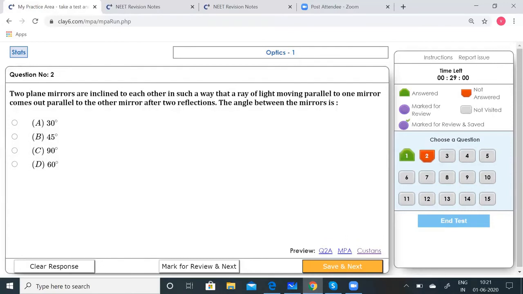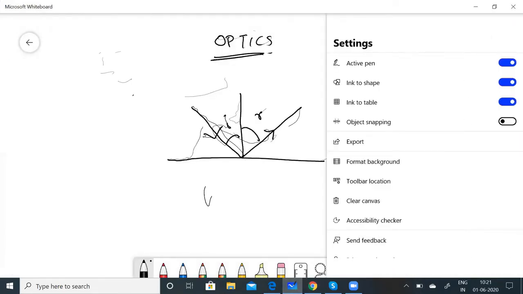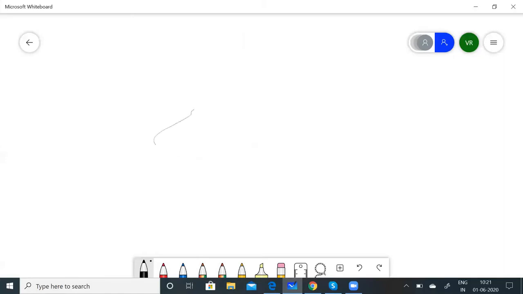Two mirrors are inclined to each other in such a way that a ray of light moving parallel to one mirror comes out parallel to the other mirror after two reflections. The angle between the two mirrors is? Let's quickly draw the diagram for this. So, two mirrors.